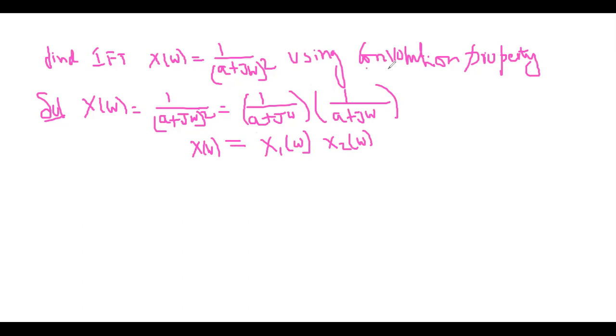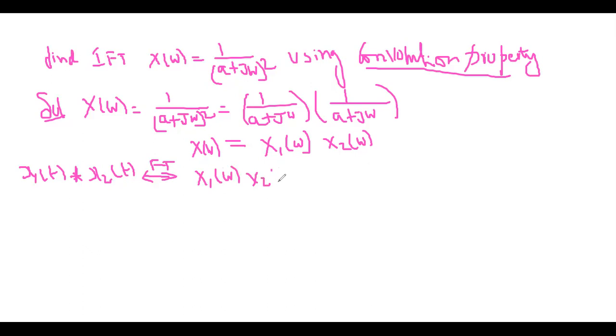So by using the convolution property, what is the convolution property? x1 of t, a time domain function, convolved with x2 of t has a Fourier transformation x1 of omega into x2 of omega. So time domain convolution means frequency domain product. Okay. So now I am taking the x1 of omega.